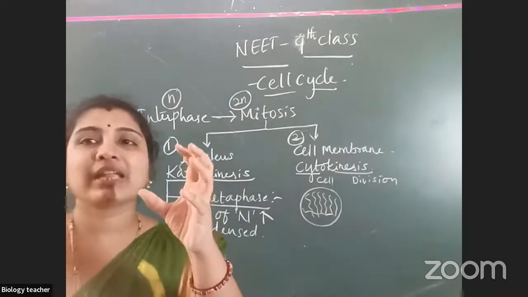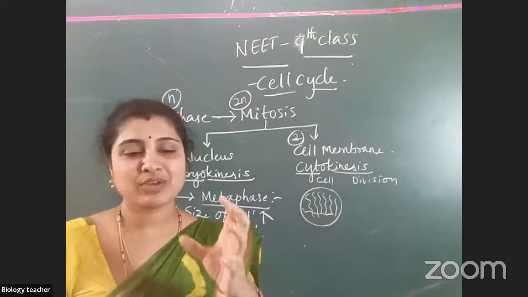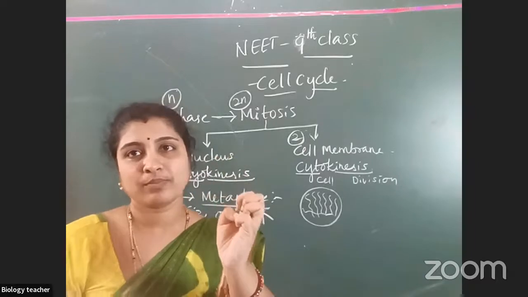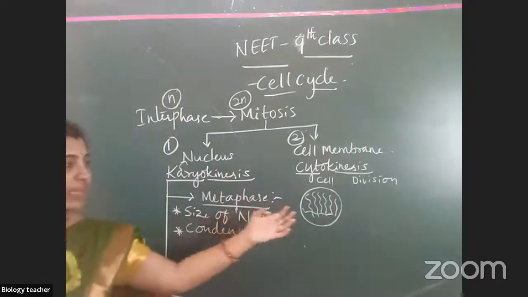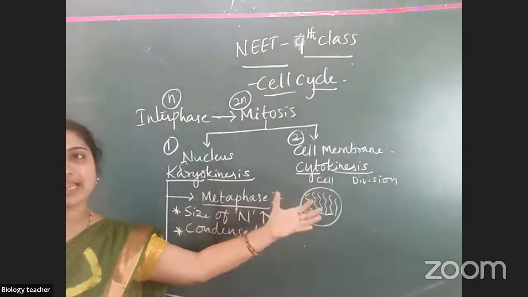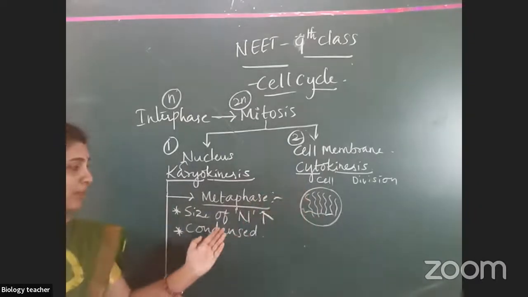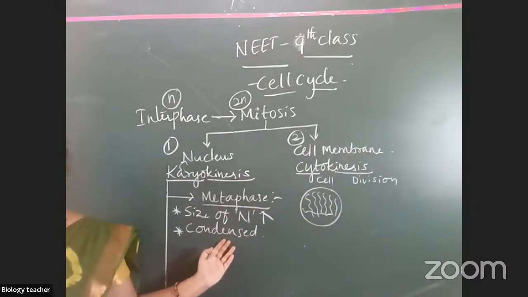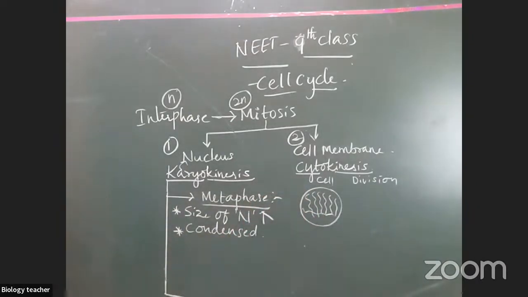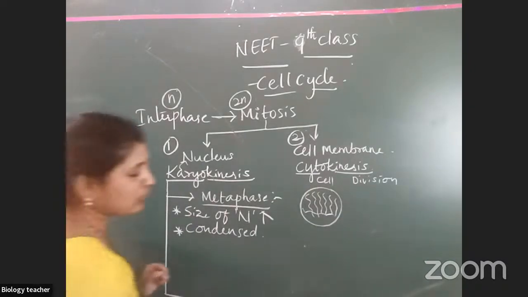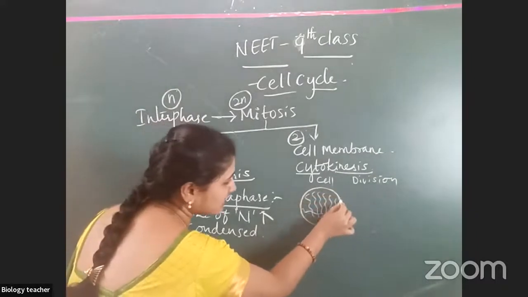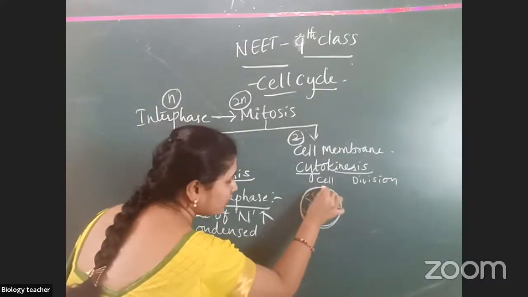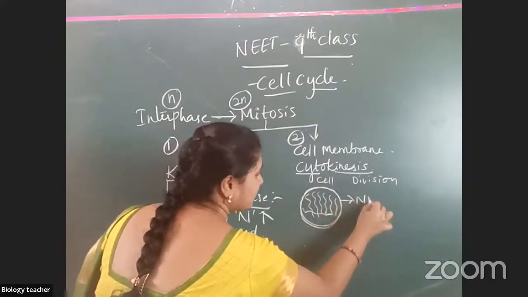Condensed means getting close. The initial condition of chromosomes is thread-like structures scattered here and there, but in prophase they become condensed. This is the nucleus and this is the nuclear membrane.